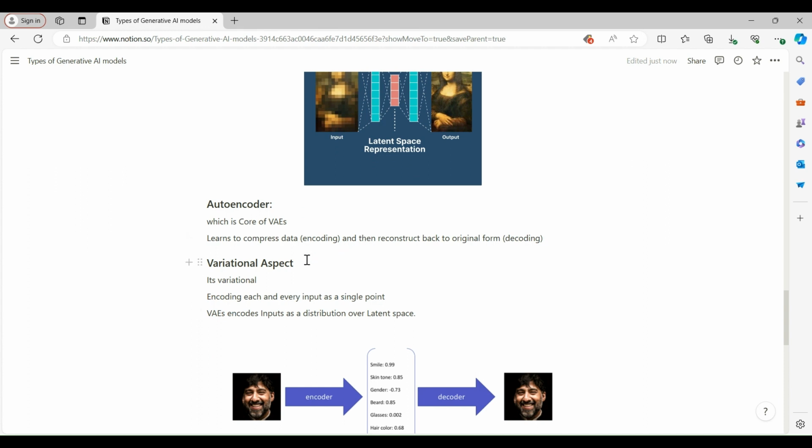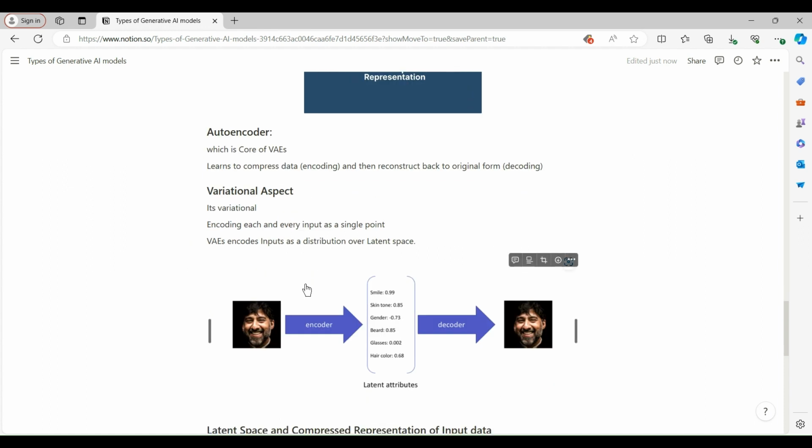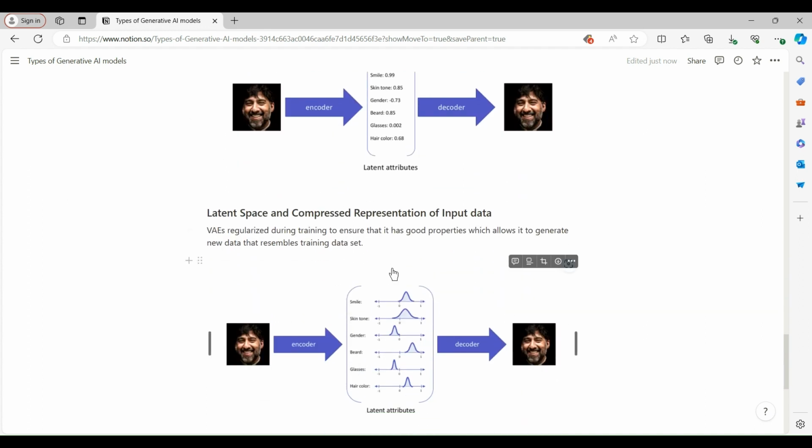A variational autoencoder instead encodes inputs as a distribution over the latent space, which is represented by a probability distribution of possible values, not just single values. Here you can see in the latent space, it is represented by a probability distribution of possible values for each of these attributes. So what is this latent space? It's a compressed representation of the input data.